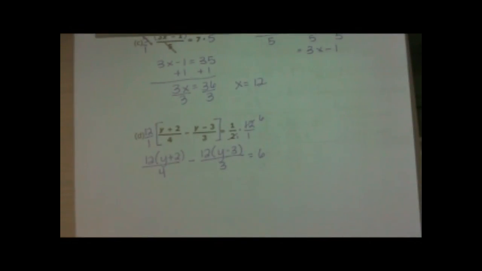Okay, so you see how I wrote this? There is a reason why I'm doing this. It's to save you some steps and save some mistakes. First of all, I can now cancel. 4 goes into itself once and into 12 3 times. Remember, I can cancel things that are multiplied. These are multiplied. I can't cancel anything that's added or subtracted.